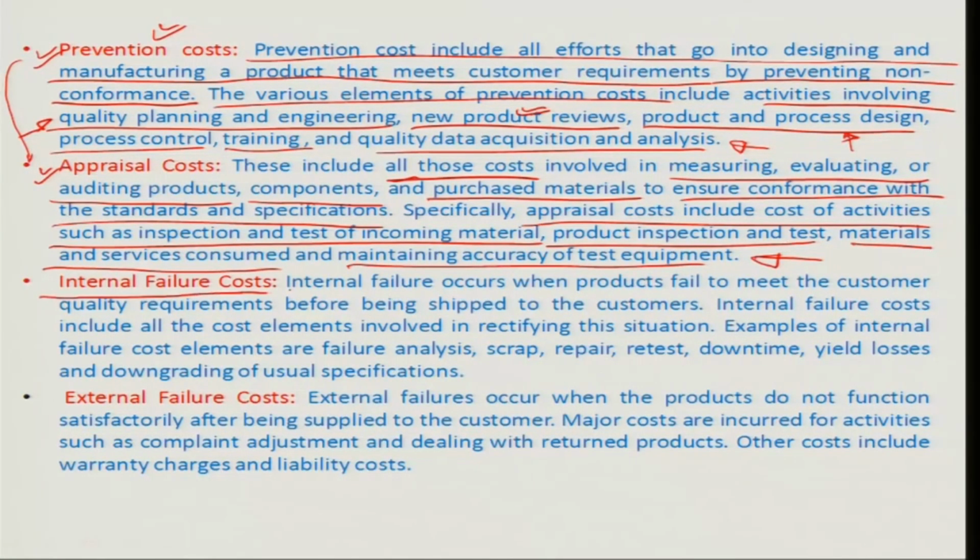There is an internal failure cost, which means that this is related to when the product is in the production stage itself and it has not yet gone from the purview of the production unit to, let's say, the dealer or the customer.